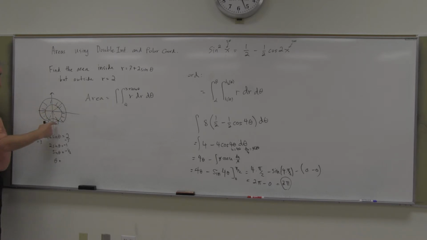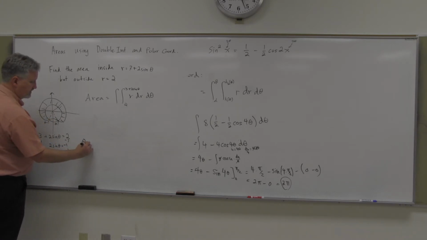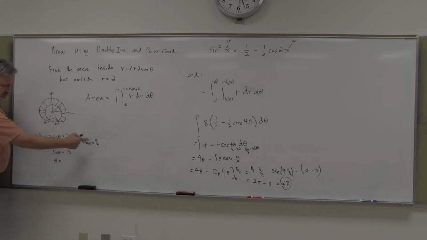The reference angle is pi over 6, because sine of pi over 6 is 1/2. But I need it to be negative 1/2, so that's what I'm saying, it's got to be a quadrant 4. Well, if I want to range from this theta over this, what quadrant 4 angle would that be? Reference angle is pi over 6.